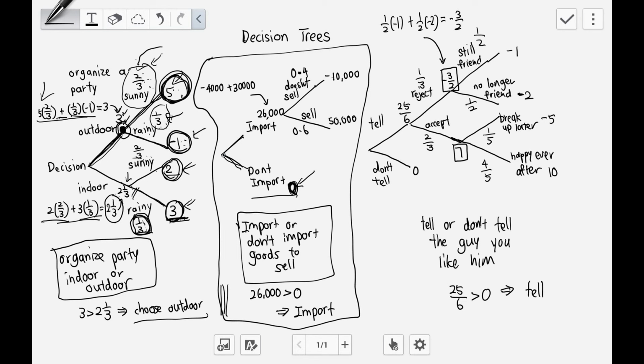If I do import, then there are other factors to consider. If I import the goods and it doesn't sell, I'm going to lose $10,000. If I import and it does sell, I'm going to earn $50,000. But there is a 60% chance that it will sell based on market research.